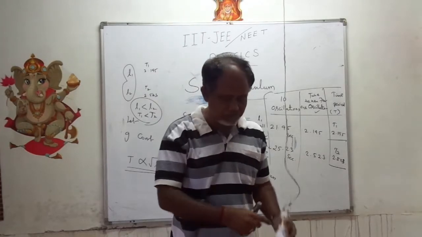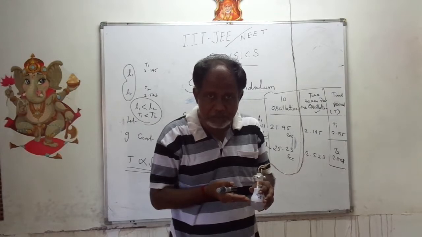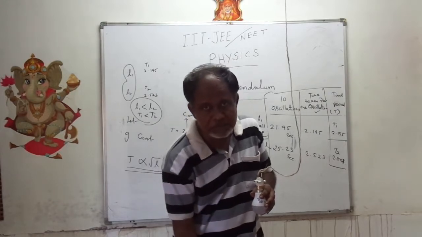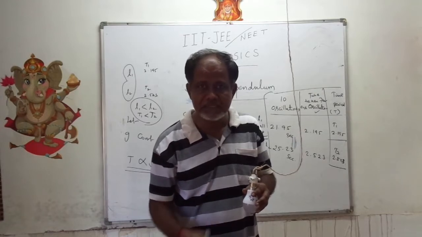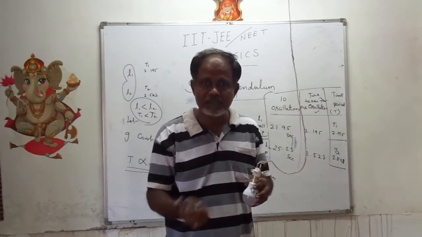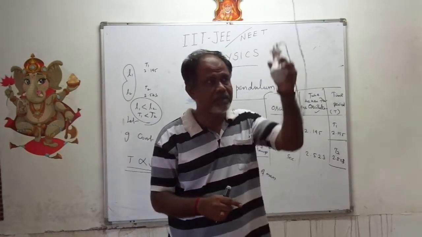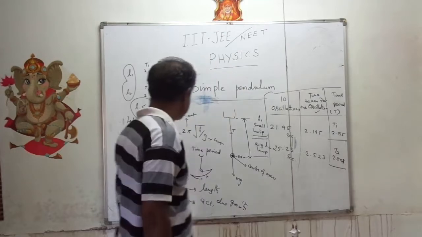If you bring this ball below the Earth, it also decreases. At the center of the Earth, it is 0. Over the surface, 9.8. We are not changing the positions, that's why g is constant.